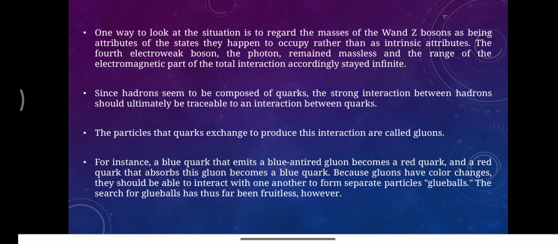Since hadrons seem to be composed of quarks, the strong interaction between hadrons should ultimately be traceable to an interaction between quarks. The particles that quarks exchange to produce this interaction are called gluons, of which eight are postulated.